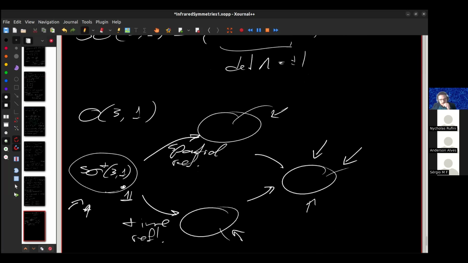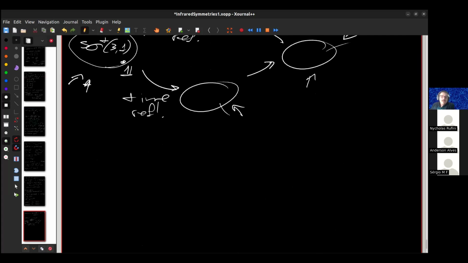So either I didn't reflect anything at all, or I reflected twice. Because now that I'm dealing with four-dimensional matrices, I can consider, for example, this transformation here. This is a Lorentz transformation, but it reflects space due to this entry here, and it reflects time due to this entry here. Still, it has positive determinant.